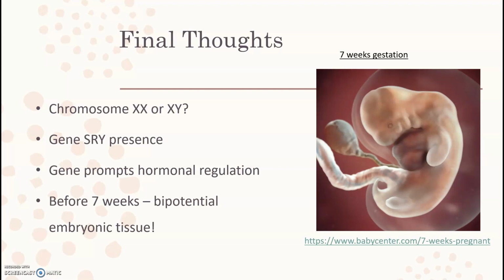Then we have genes that are secreted from our gonads that prompt this hormonal regulation that'll form the rest of our either female or male organs. And then this all happens after 7 weeks. Before this, everything's bipotential embryonic tissue, which is really crazy, that in those 6 weeks, the body can get ready to do this.